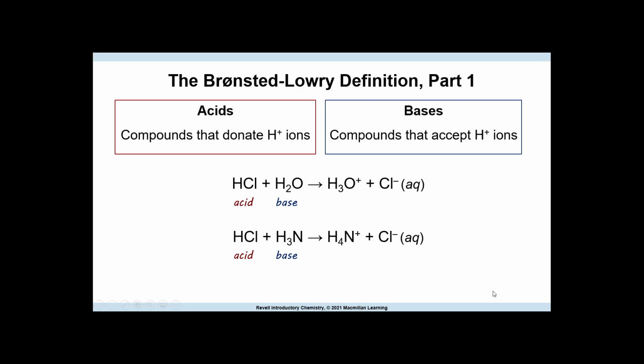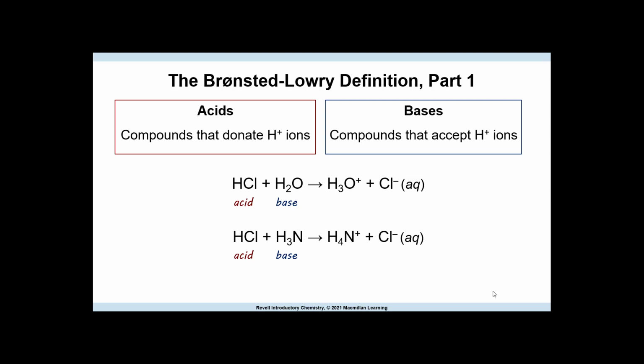Okay, so now we're looking at 2 different definitions. The first one was the Arrhenius acid, and the Arrhenius acid was acids that produce protons in water. So that's very similar to the Bronsted-Lowry. It's the same thing. However, the definitions with bases are very different. For the Arrhenius, it's bases that produce hydroxide ions in water. And that's not always the case, as there's a lot of bases that don't have hydroxide.